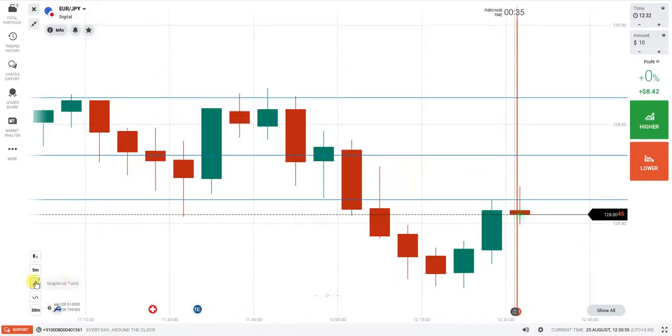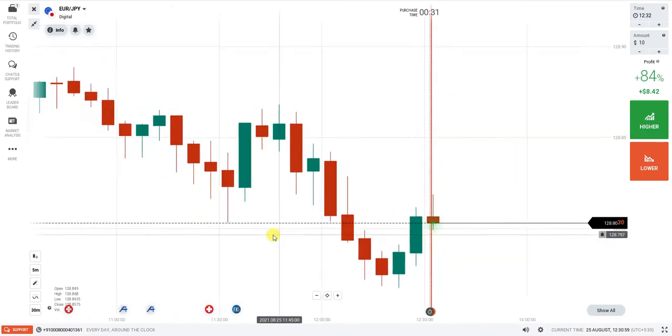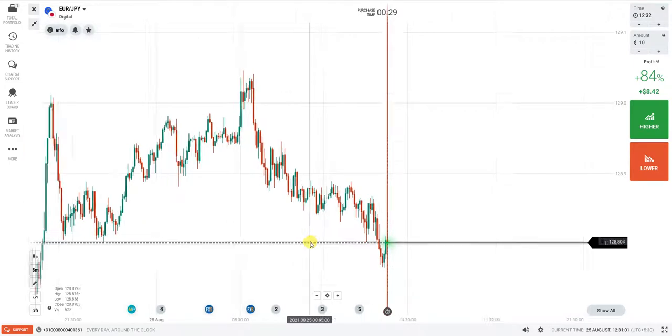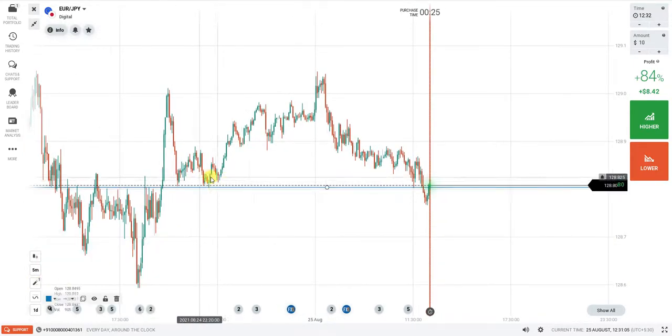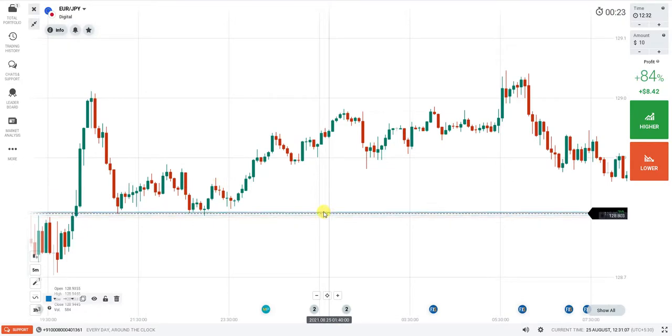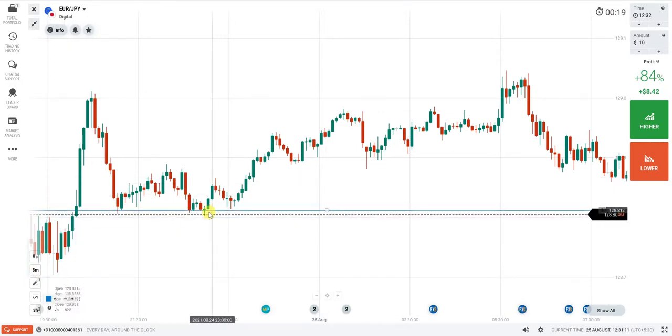Euro JPY. So if I get any opportunity for the next trade, I'm going to take it from here only. The market is at a reversal point again, same as my previous trade.